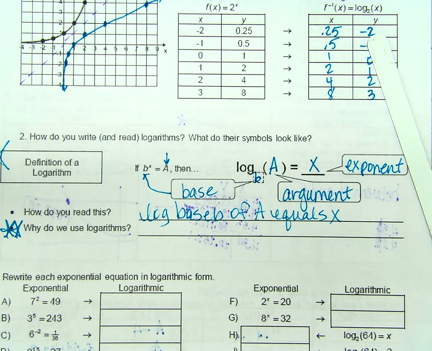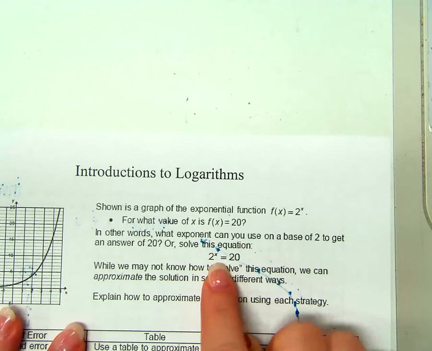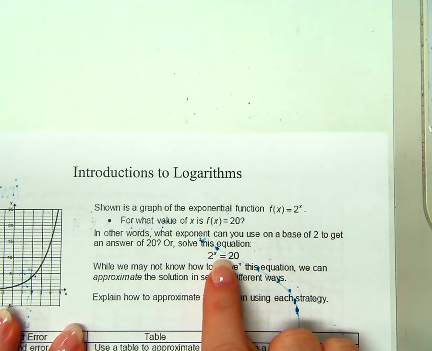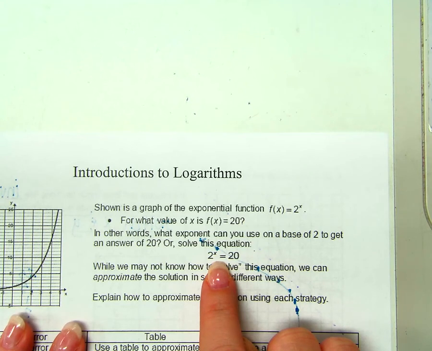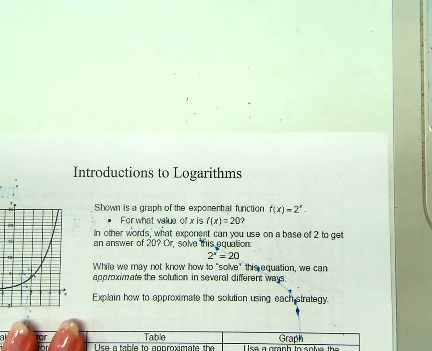So, you ready for the question that's going to show up on your test? Have you figured it out yet? Why do we use logarithms? We started this whole day today by trying to solve this equation. Why don't I know how to solve this equation? Yeah, where is my variable? In the exponent.